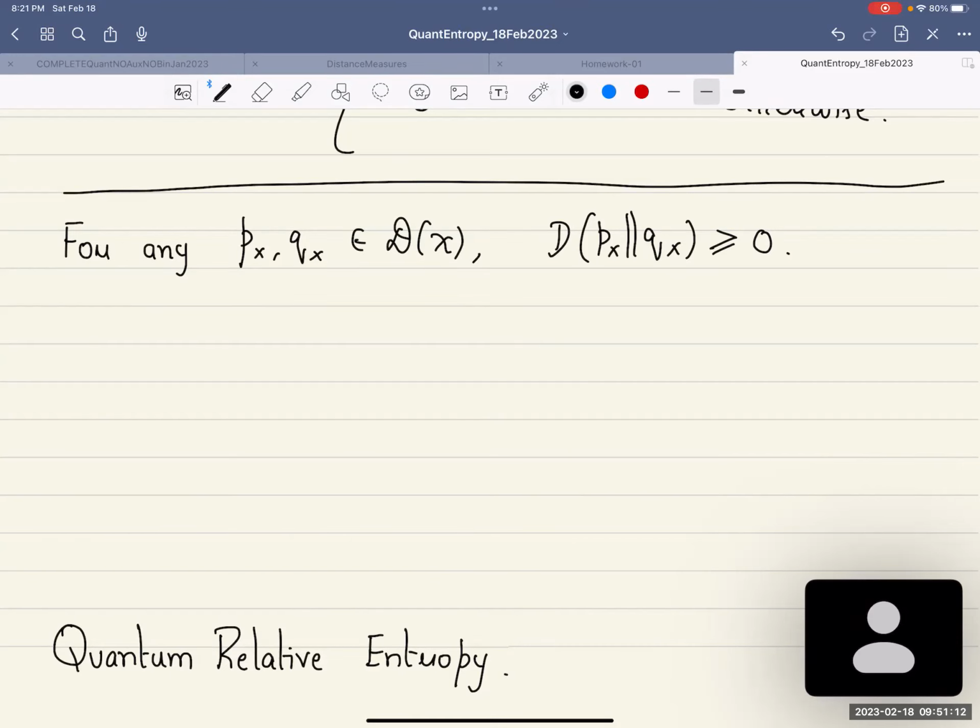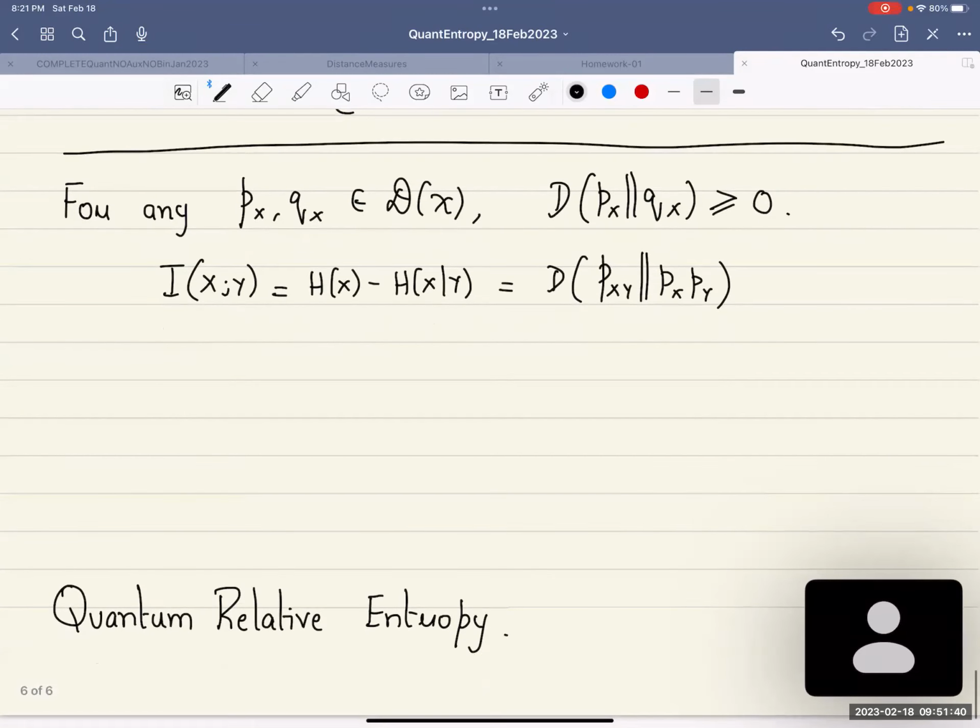Mutual information is a particular divergence: I of x colon y, given by h of x minus h of x given y, is the divergence between the distribution pxy and its marginal product. We'll show this in a minute.